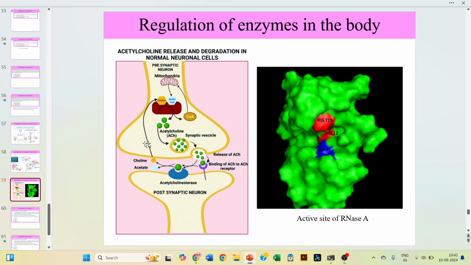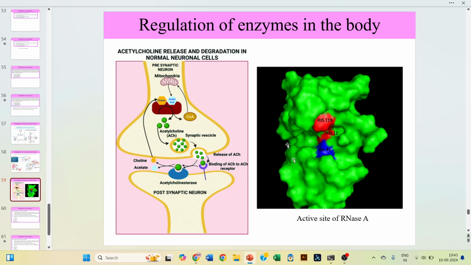Right. So this is a presynaptic neuron and this is a postsynaptic neuron, and between them there is release of acetylcholine and then signal transmission. Okay. So this is all about your acetylcholine esterase.